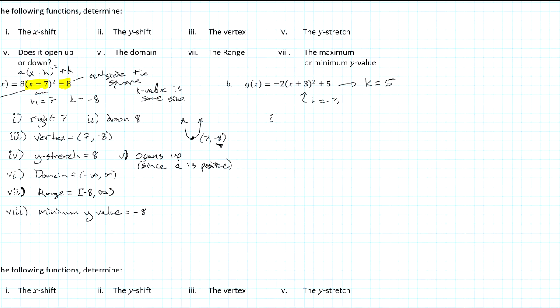All right. So this is going to go left 3 because h is negative, and it's going to go up 5 since k is positive. So the vertex is going to be at negative 3, 5, the h and k values.